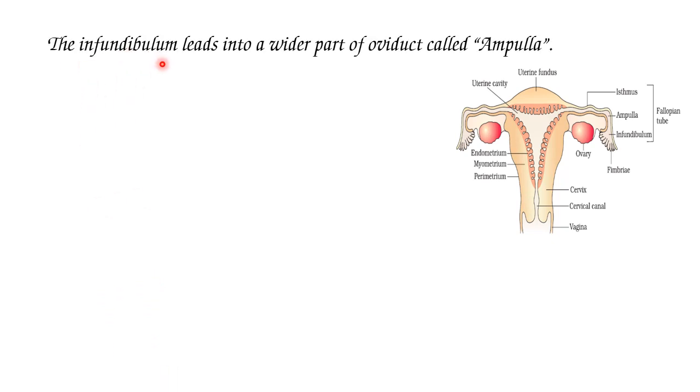The infundibulum leads into a wider part of the oviduct called the ampulla. So this funnel shaped structure of the oviduct is called the infundibulum, and its finger-like projections are called the fimbriae. Now this infundibulum leads into the wider part that is called the ampulla.